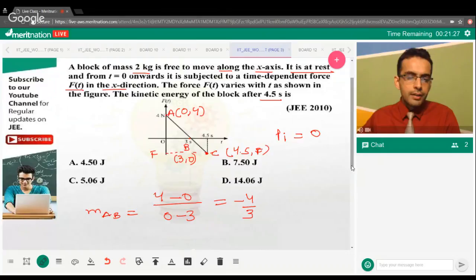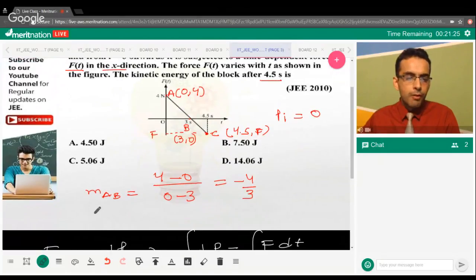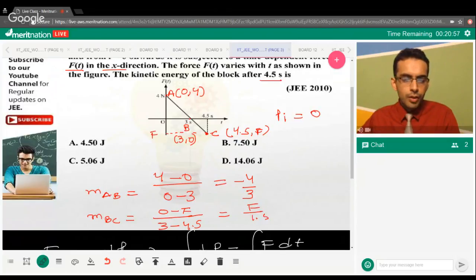Then the slope of BC, MBC, is (0 minus F) divided by (3 minus 4.5), which is equal to F by 1.5.